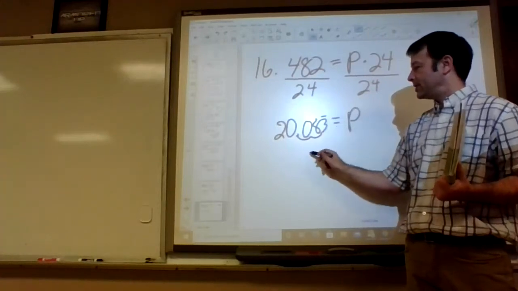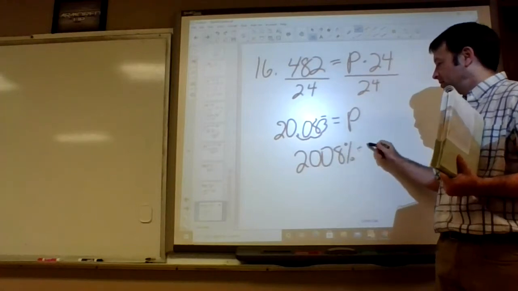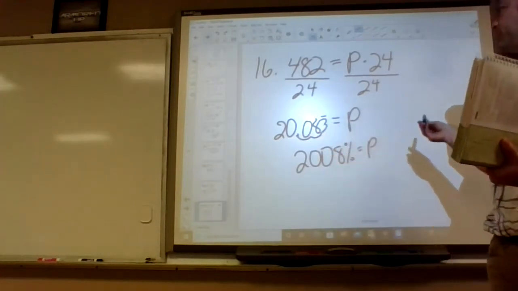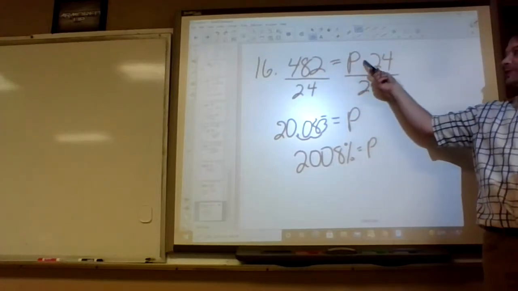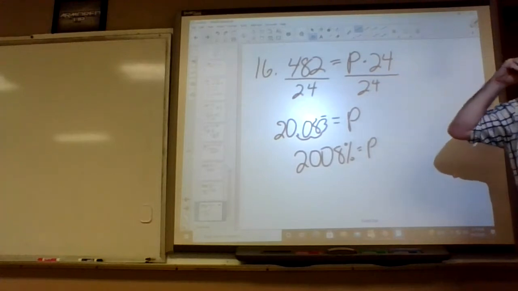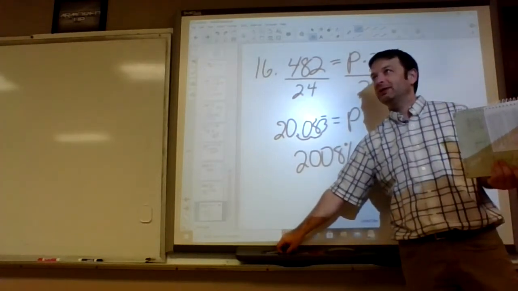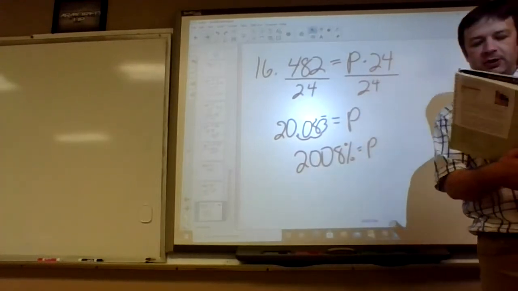So we'll keep it at 2008%. That's a big number. Well, it just means 20. So basically, 482 is 20 times as big as 24. 482 is 2,000% of 24. 20 times bigger.